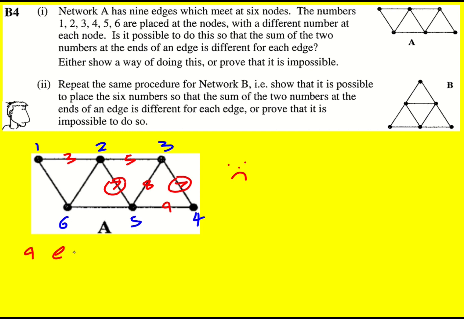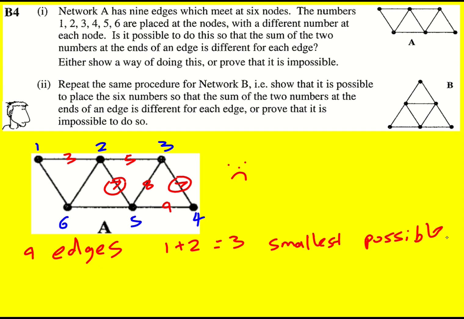So I know there's 9 edges. You can count them. And 1 plus 2 is going to be the smallest possible total. And then 5 plus 6 is going to be 11, the largest possible total. Now, there are actually 9 numbers from 3 to 11, including 3 and 11.